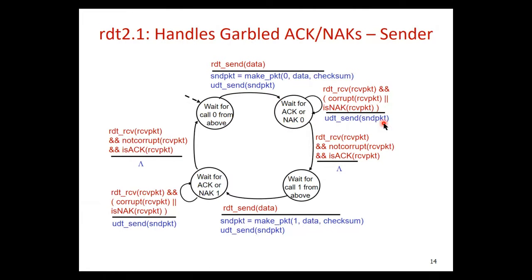Yeah, not getting an ACK, but can you be more specific? What do you mean by not getting an ACK? So you look at this FSM, the sender transmitted packet 0, and then after that, in what case does it retransmit this packet 0?